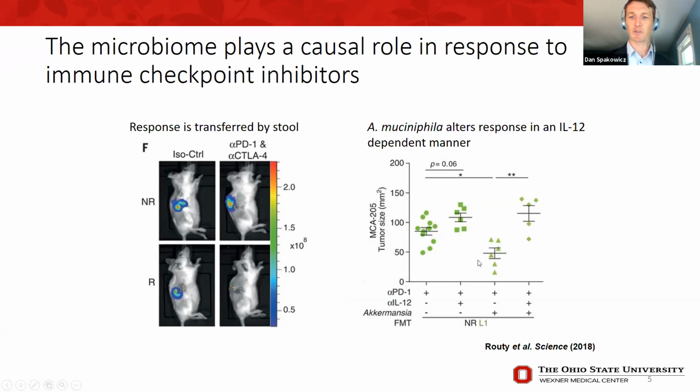If you skip over to this group over here now, this is taking that non-responder stool and adding in just a single organism called Akkermansia muciniphila. And in the context of non-responder plus Akkermansia, the tumor is smaller. So this demonstrates a causal mechanism, at least in the context of preclinical models.